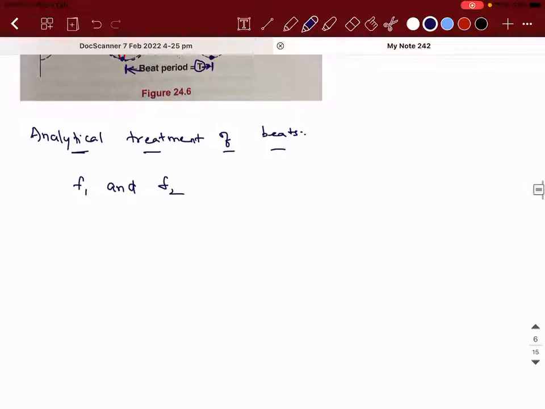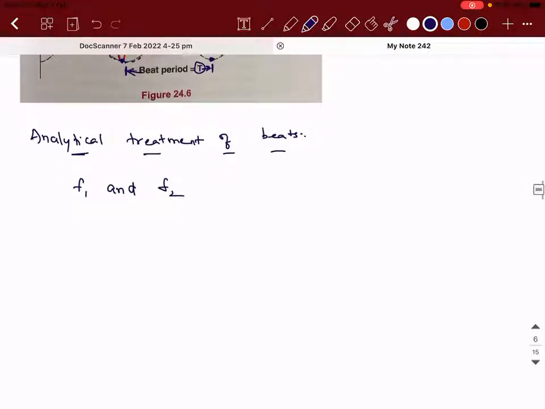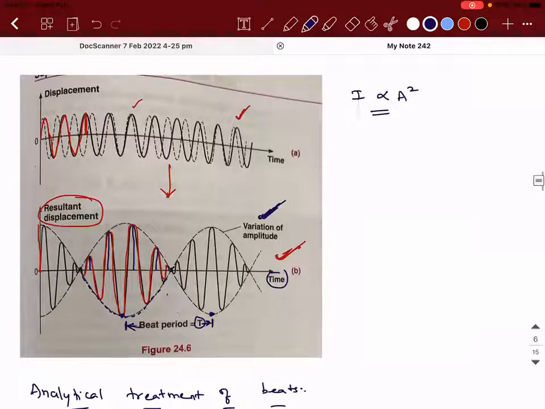For simplicity, we'll assume that the amplitudes of these two waves at x equal to 0 are equal. It is something like this.